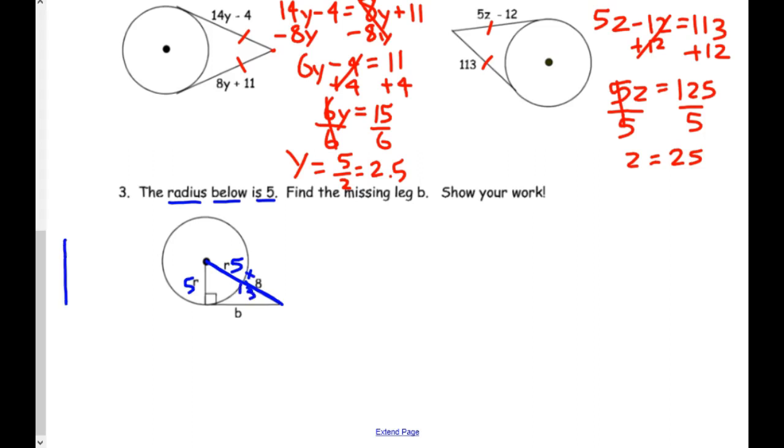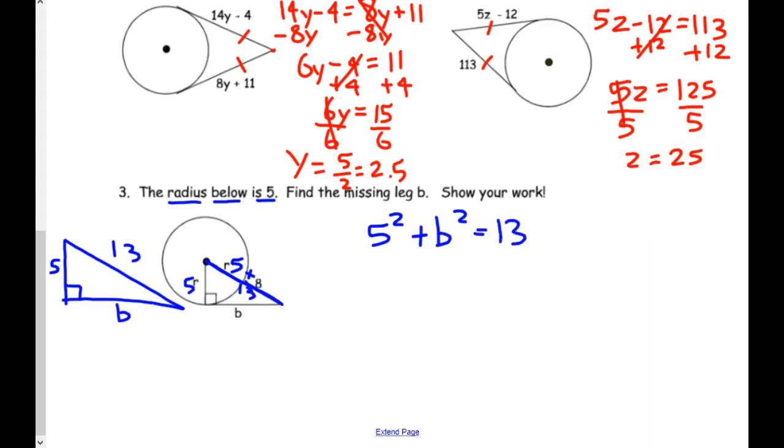If I redraw this, 5, 13, and b, then I use the Pythagorean Theorem. 5 squared plus b squared equals 13 squared. 25 plus b squared equals 169.